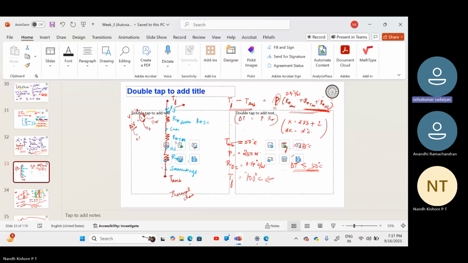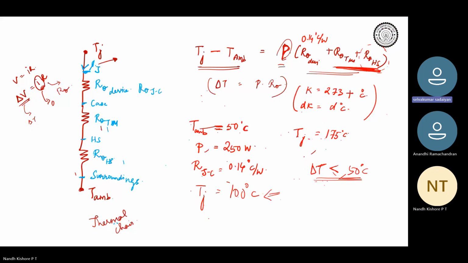Here is one doubt. From the power and from the data sheet, we calculated the temperature delta. Delta is around 35 degrees, meaning ambient to junction temperature.